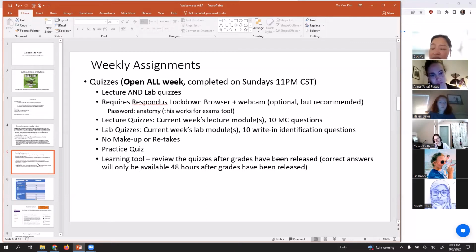What's nice about it is that if you are moving from computer to computer, it'll make sure the systems are correct so that you can open Respondus Lockdown Browser without a problem. Yeah, it's a free for all. You can take it as many times as you want just to make sure that your computer is compatible.